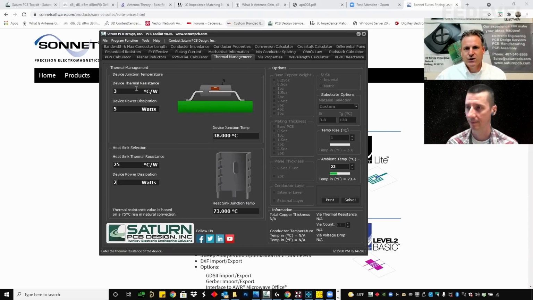And then the thermal junction resistance, that's the same thing: the junction between the pad or the lead of the device to the board and how much heat can be dissipated that way. Okay, I never really used this calculator.